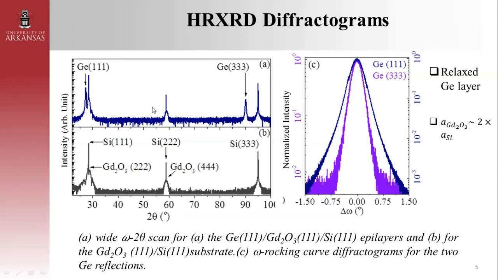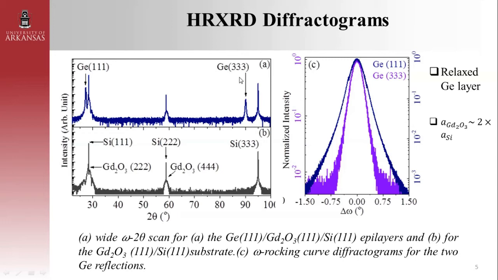From the XRD data of the whole epitaxial system, including germanium, you can see only the Bragg reflections of germanium 111. So this clearly shows that the epilayer is single crystal.